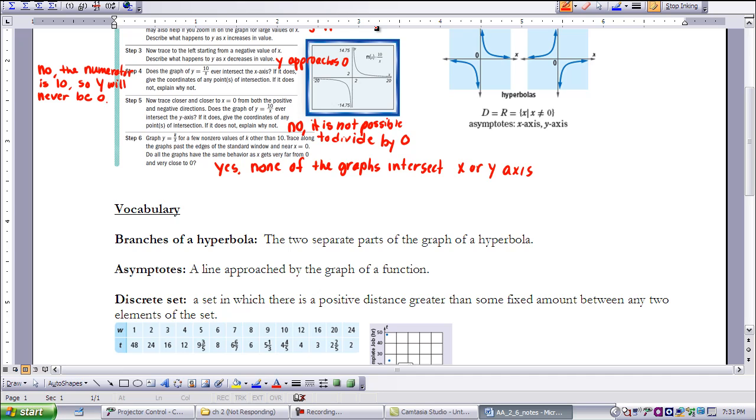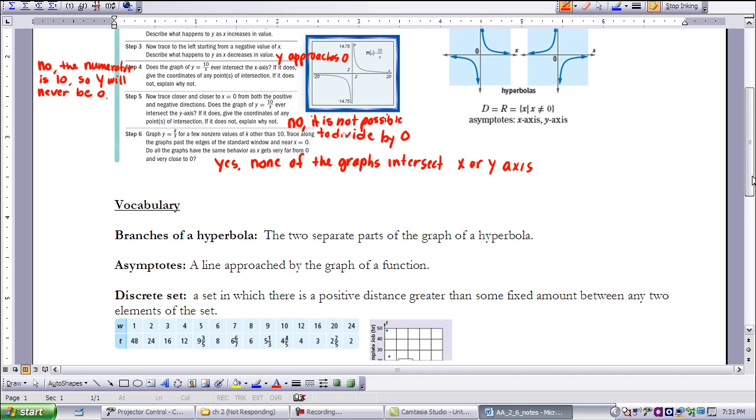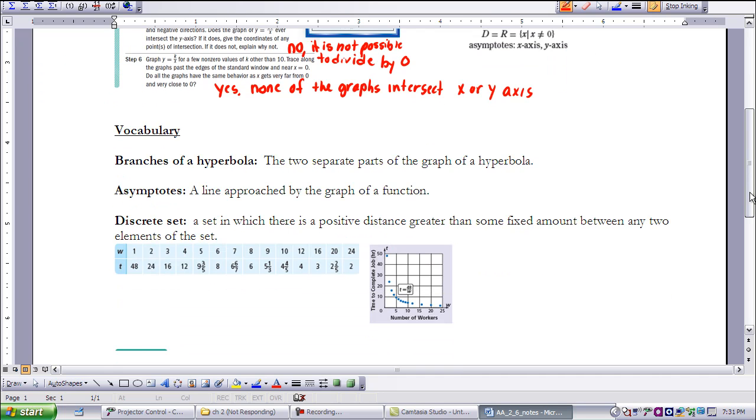The other piece of vocabulary that I just want to touch upon here is discrete set. That's a set in which there is a positive distance greater than some fixed amount between any 2 elements of a set. Let's look at that in terms of a graph. The graph that I have attached to this note set, in your reading, compares a number of workers to the time that it takes to complete a job.